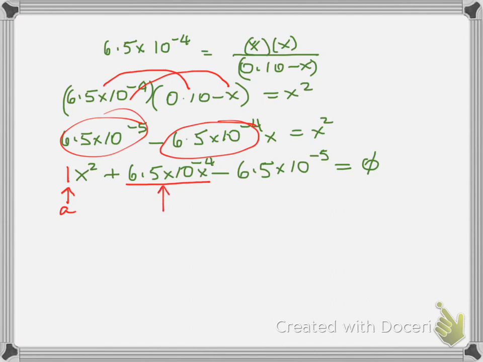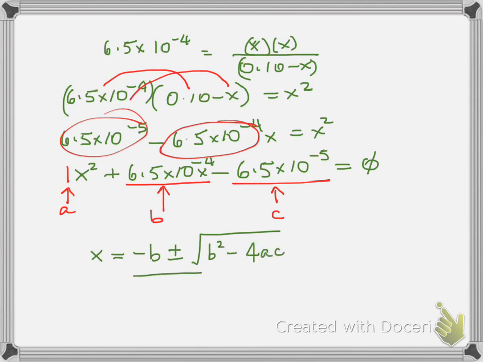That would be B. And then 6.5 times 10 to the negative 5, that would be C. So, using the quadratic equation, which, as you all remember, is x equals minus b plus or minus the square root of b squared minus 4ac all over 2a.